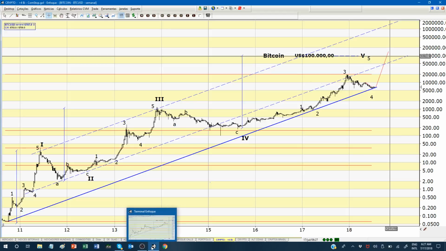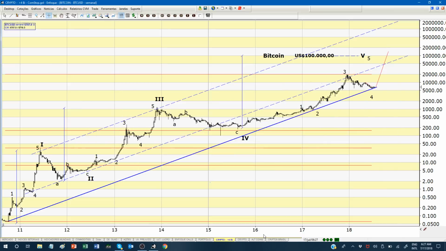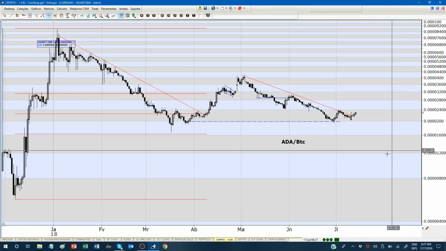So now let's have a quick look at the other coins, starting with Bitcoin Cash, which has broken this resistance line. So I suppose it's probably going up to test its next support level, which I think is the 0.155 level.